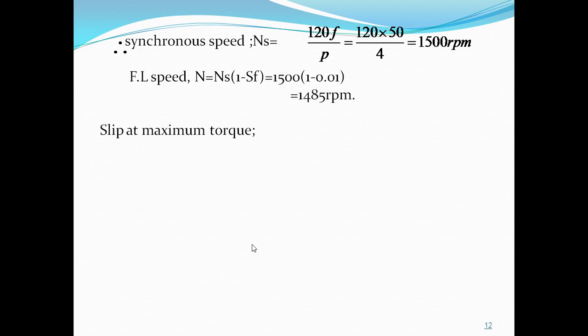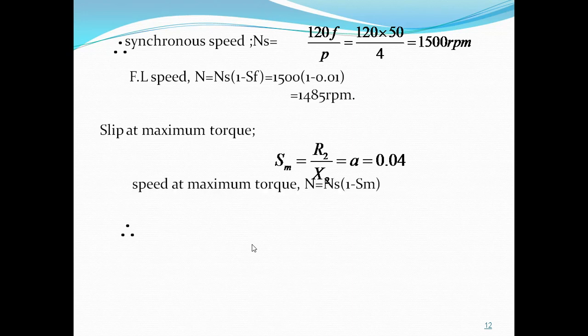Next, slip at maximum torque. We have calculated the slip a value, that is 0.04. So this is the slip at maximum torque.